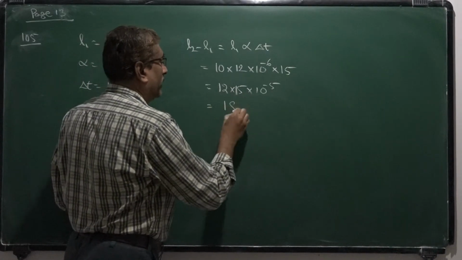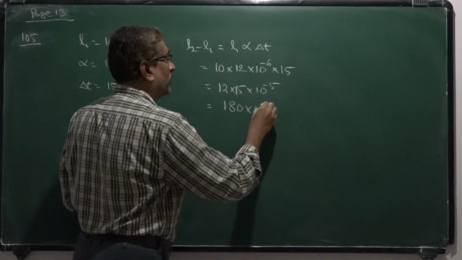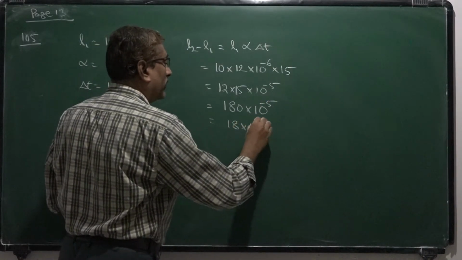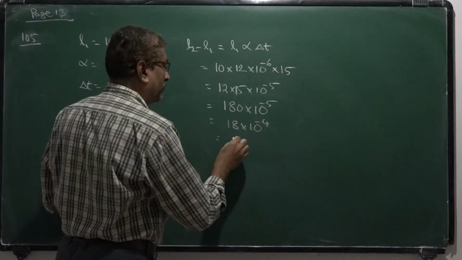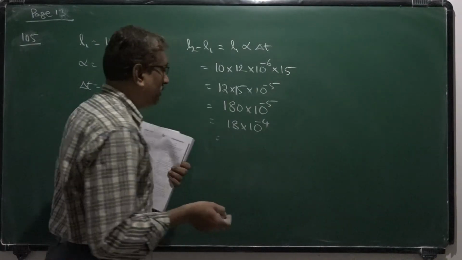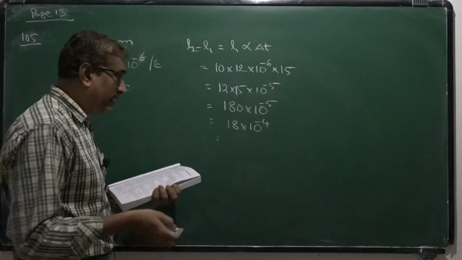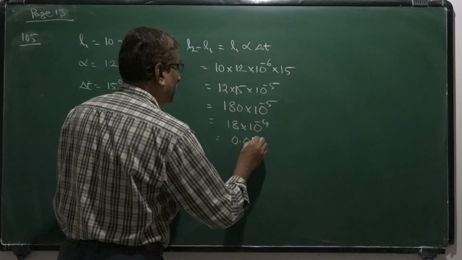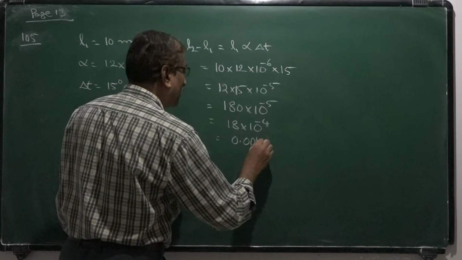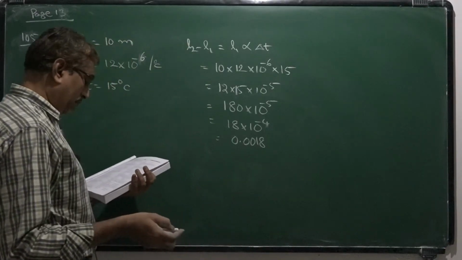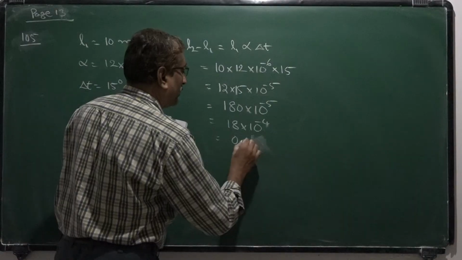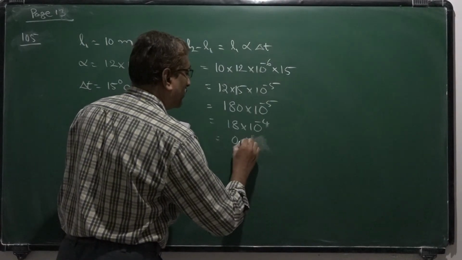So 180 into 10 to the power minus 5. That is 18 into 10 to the power minus 4. Okay, the answer is given in meters.